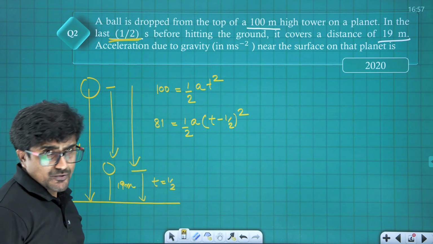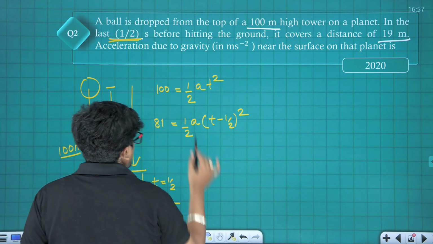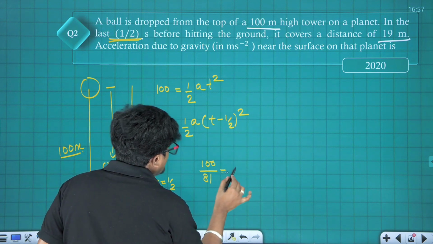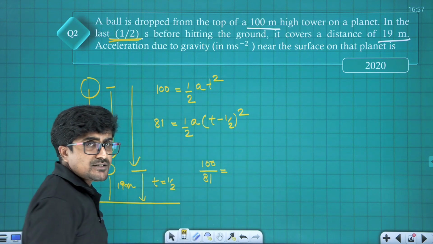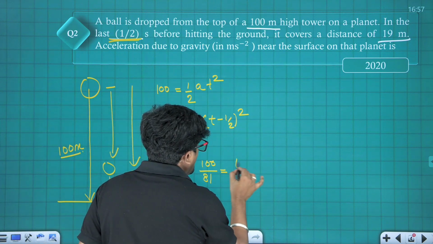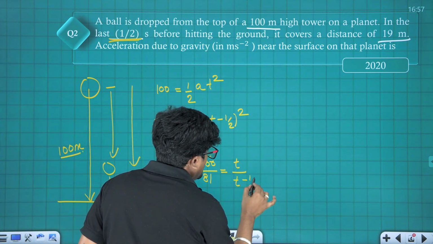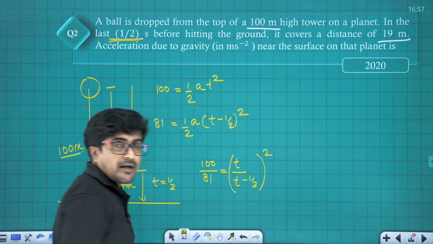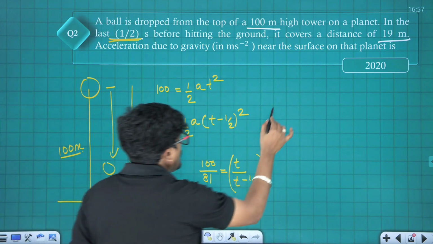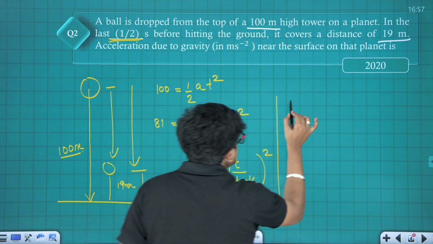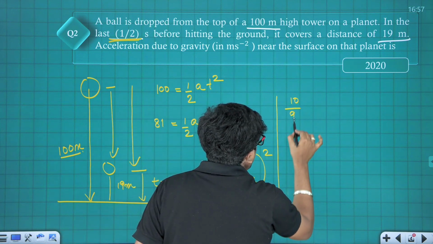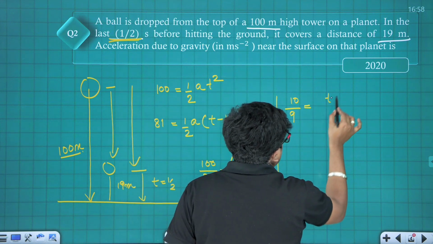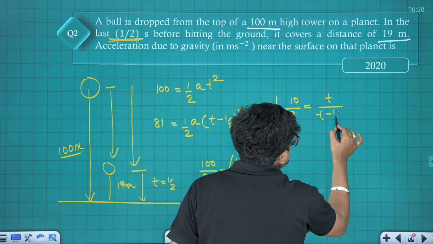Now let me take the ratio. If I take the ratio, this is going to be 100 upon 81, equal to t square upon (t minus 1/2) whole square, since a/2 and a/2 cancel each other. Now let me take the square root on both sides. So this is going to be 10 upon 9, equal to t divided by t minus 1/2.